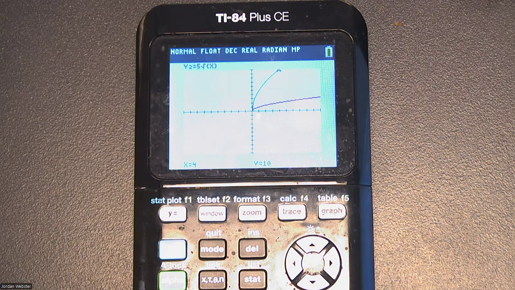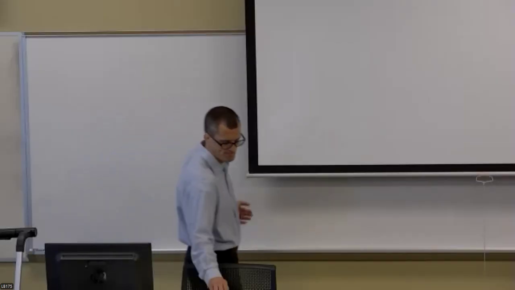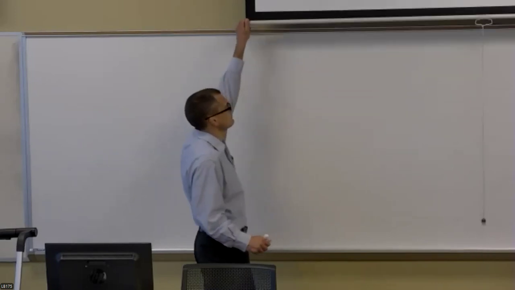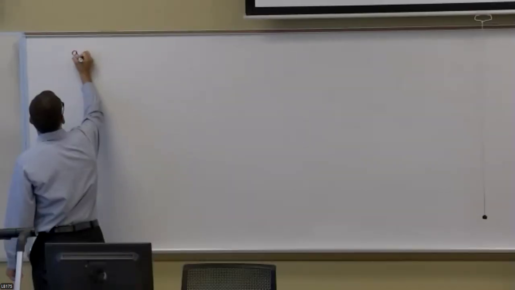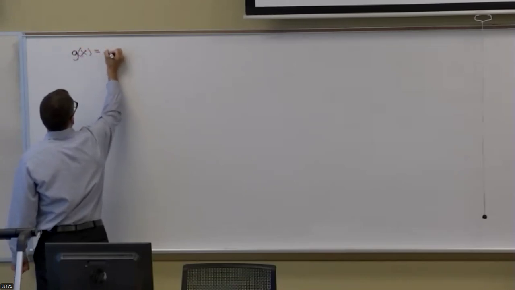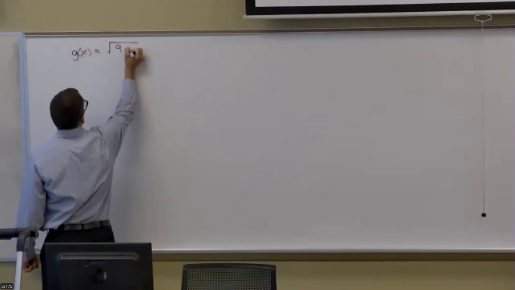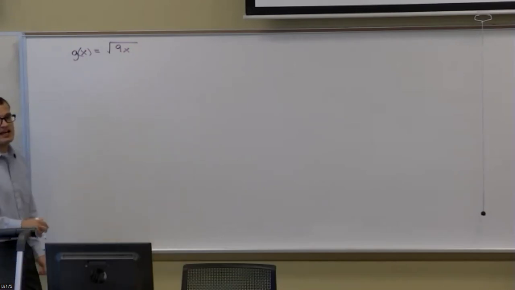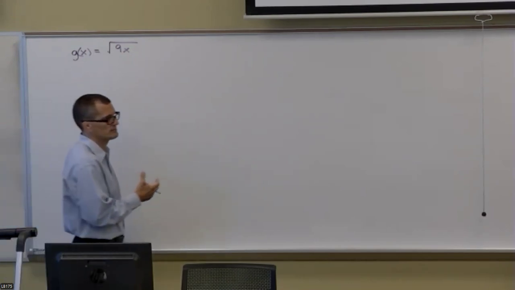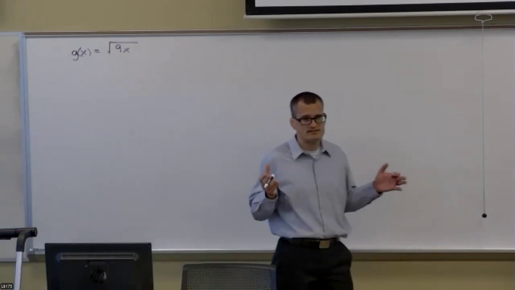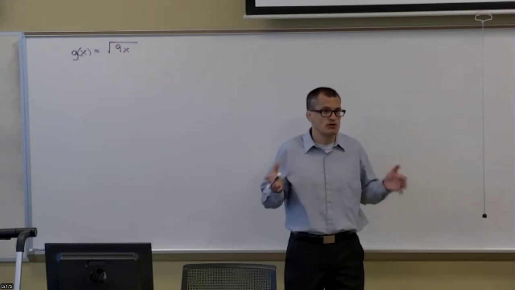By the way, one thing you may have noticed or may not have is that our first graph was square root of 9x. And we said that is a shrink by factor 9, right? But it's horizontal.